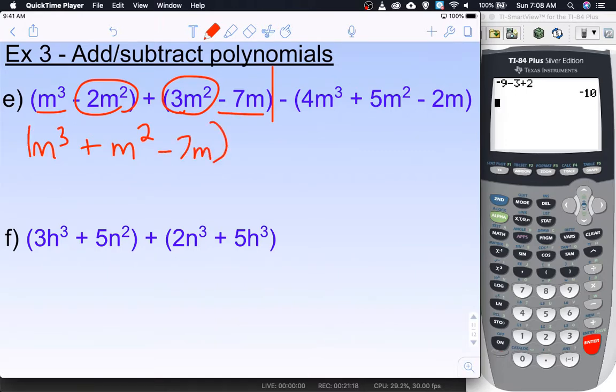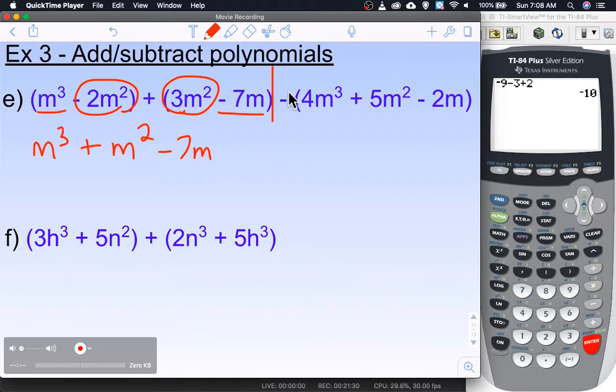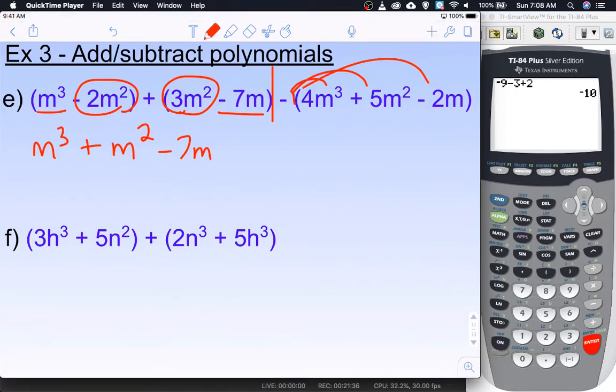So that's pretty much what we'd get. I don't need the parentheses, but that's what we'd get if we combine the first two polynomials together. And while I'm here, just to save some time, I'm going to distribute the 1 through here for my next step, just to save a step. So now this becomes a -4m cubed, a -5m squared, and a +2m.